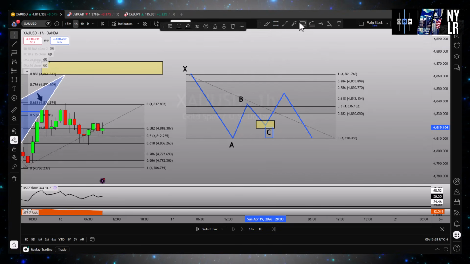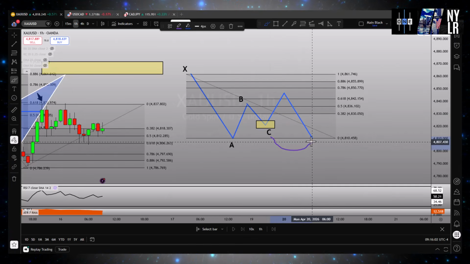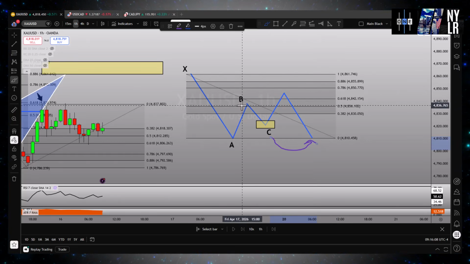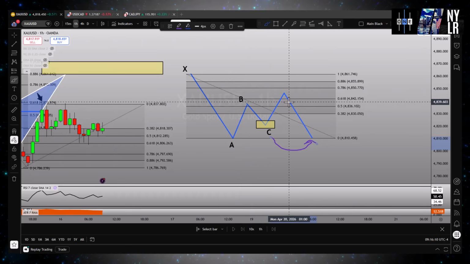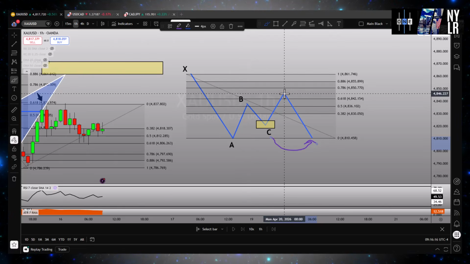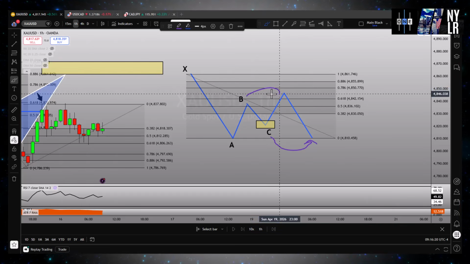So our C must shift over here. Now, our B leg also needs to be our deepest retracement prior to our C. So our B leg can't stay here because we have a deeper move here. So now this would shift to there.